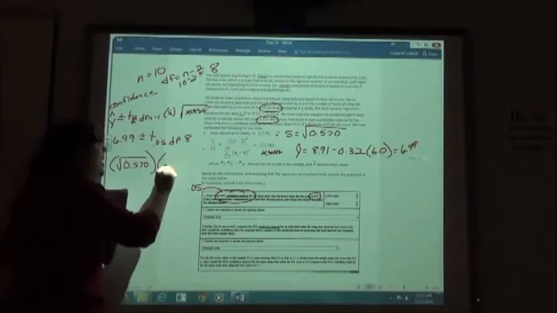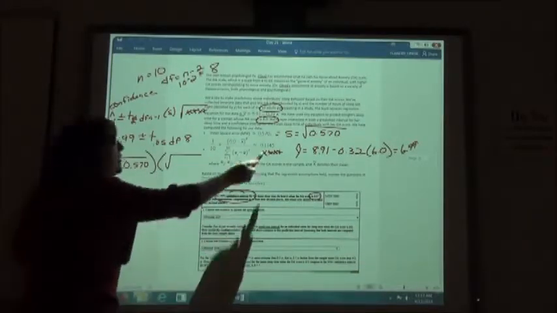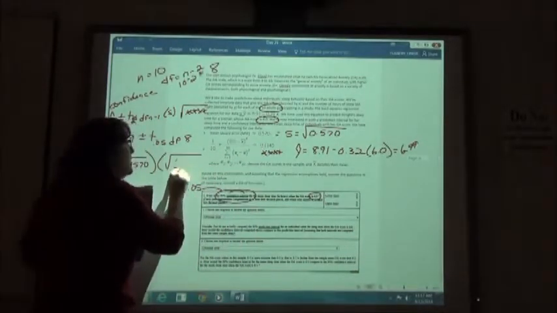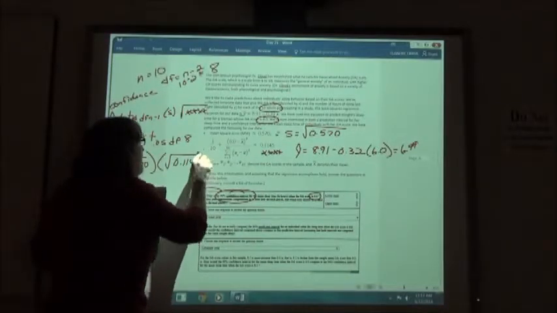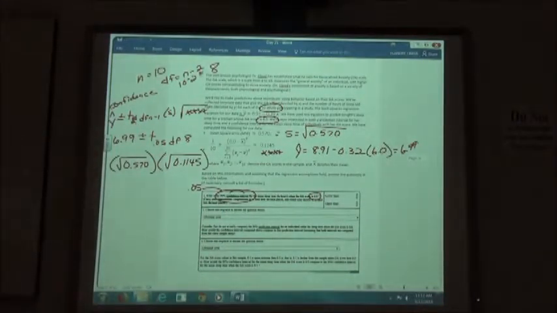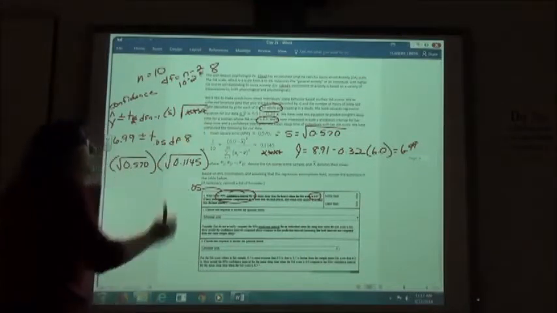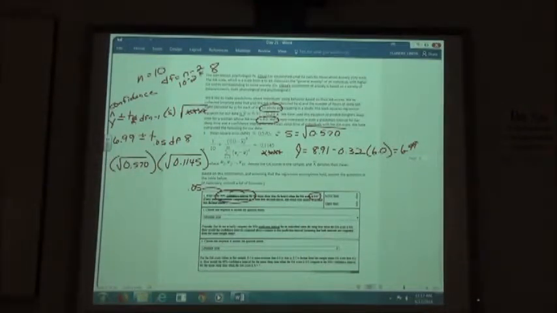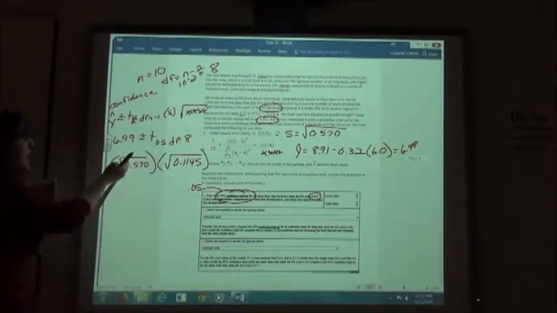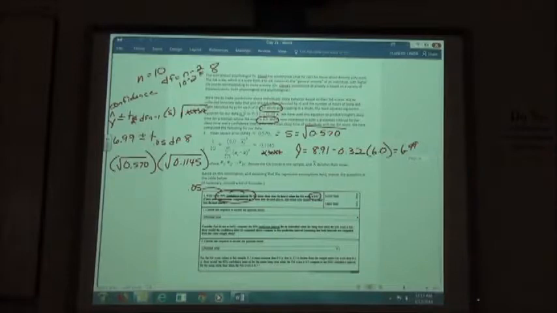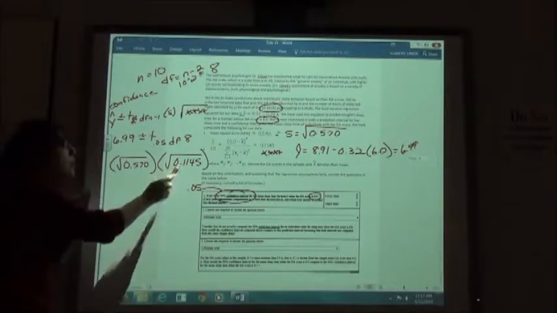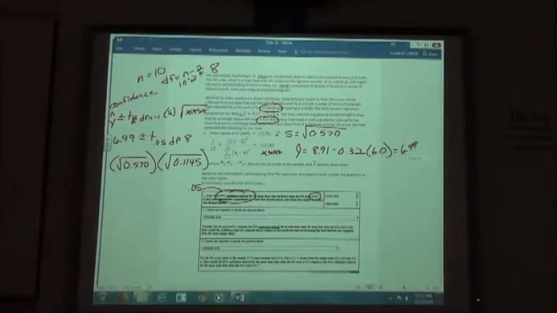And then we want to multiply that by the square root of this number right here, 0.1145. Again, all that should go in one line with this stuff raised up out of that subscript from your t. So 6.99 plus or minus t sub 0.05 with the degree of freedom of 8. Click up to the side times the square root of 0.570 times the square root of 0.1145.